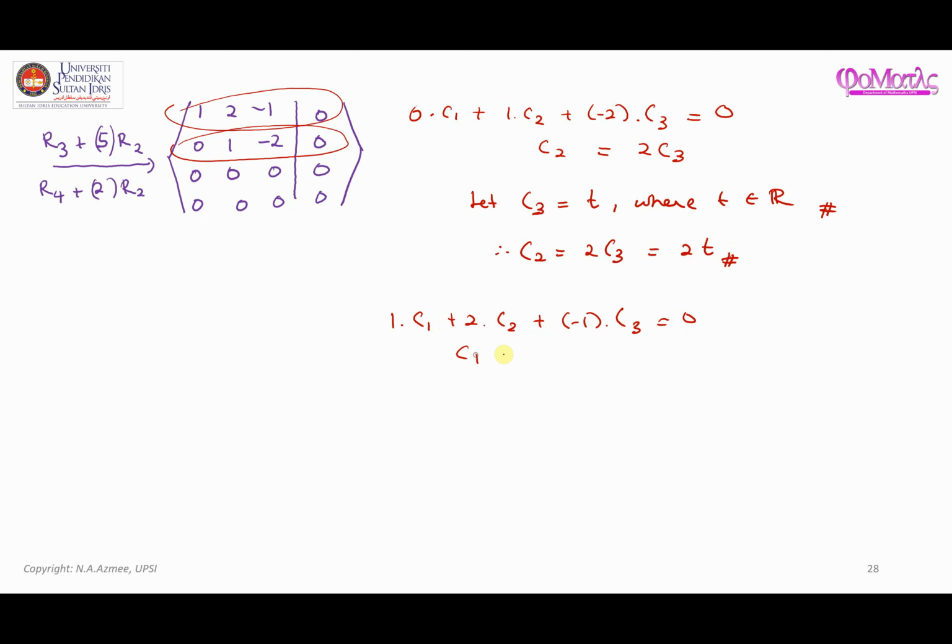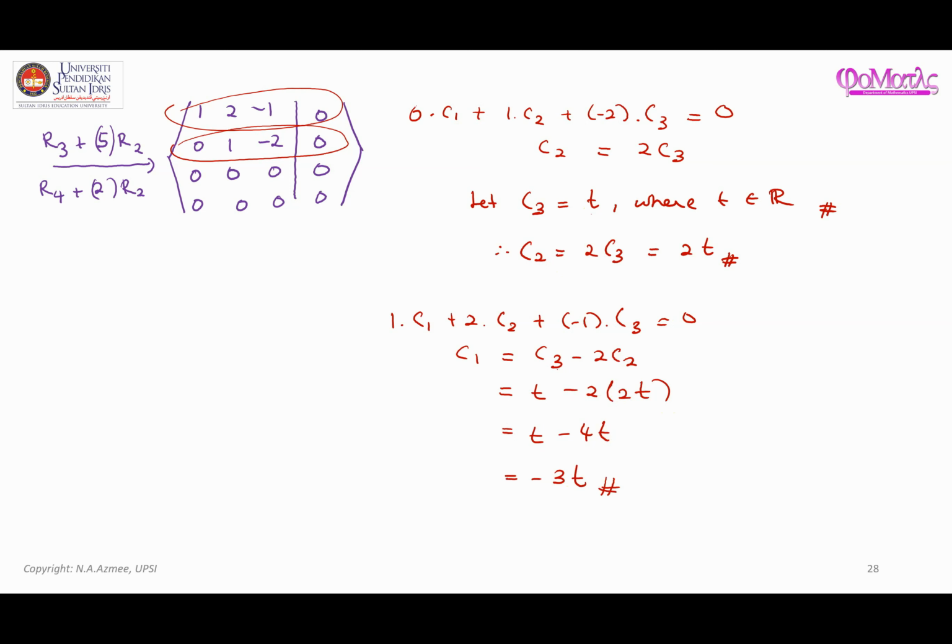Therefore, c1 is equal to c3 minus 2c2, which is equal to, what is c3? c3 is t. Minus 2, c2 is 2 times t. So this becomes t minus 4t. Therefore, c1 is just negative 3t.